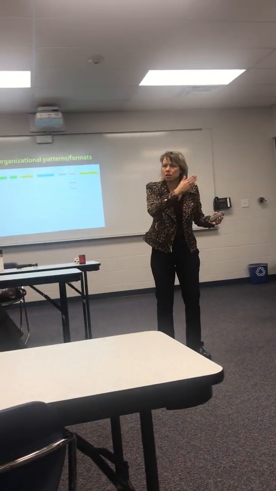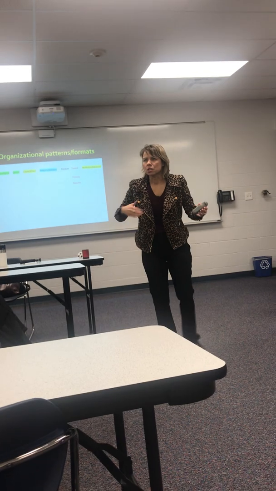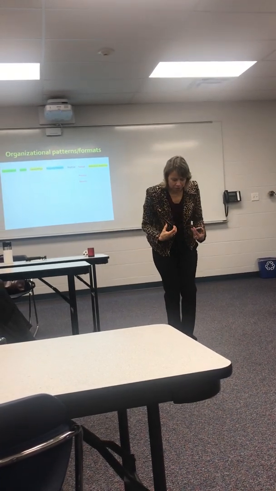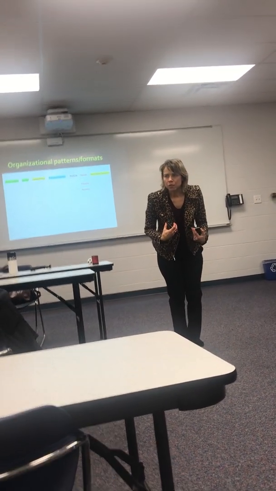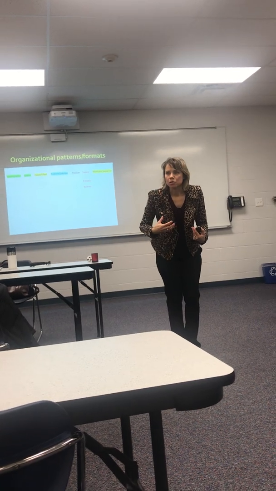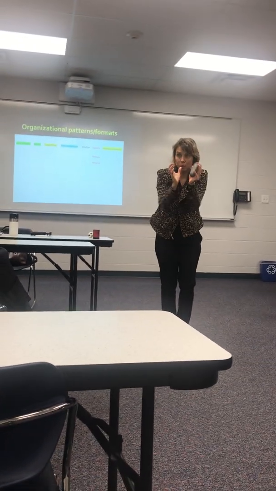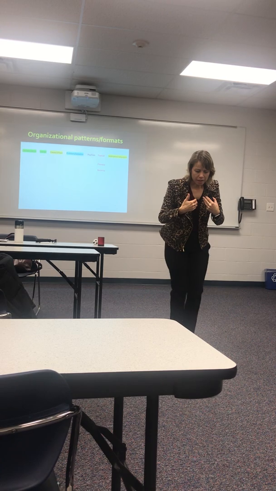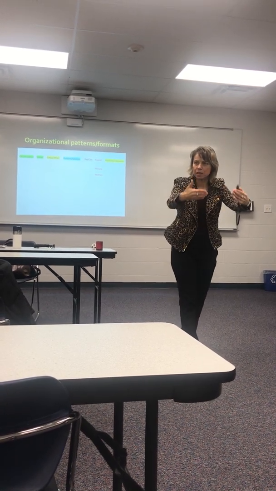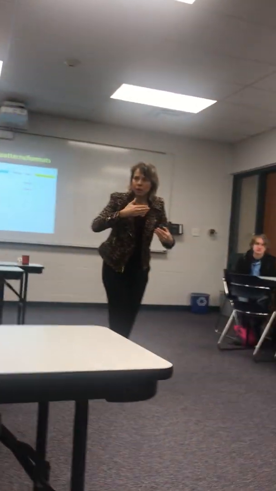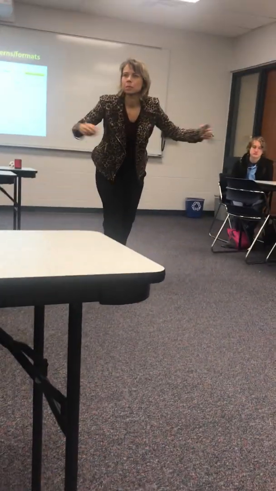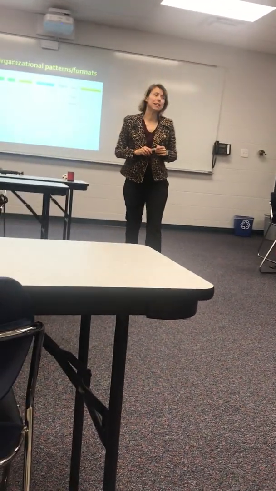Yes? Wait, what was spatial again? Spatial is when you describe something as it occurs in space. And you start with one direction. So for example, you go to a doctor's office, let's say an optometrist, and they have a model of the eyeball, and it's in layers from the inside to the out. So describing that from the inside to the out would be spatial. Okay, an anatomy class.